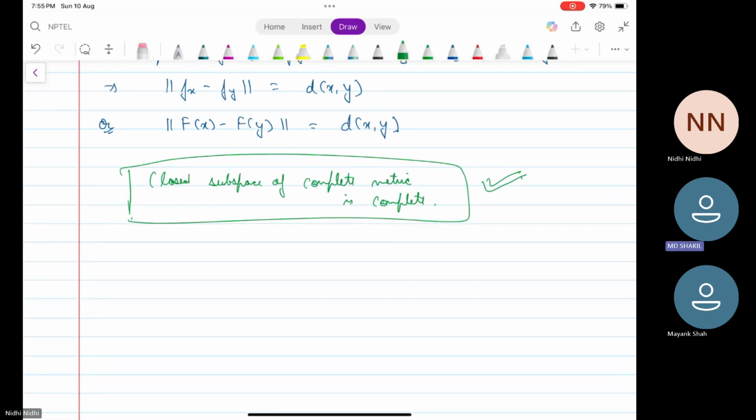In example 10.20, how can we show that R squared minus Q squared is path connected mathematically? Let me see example 10.20. So in which topic is it? Path connected and connected.